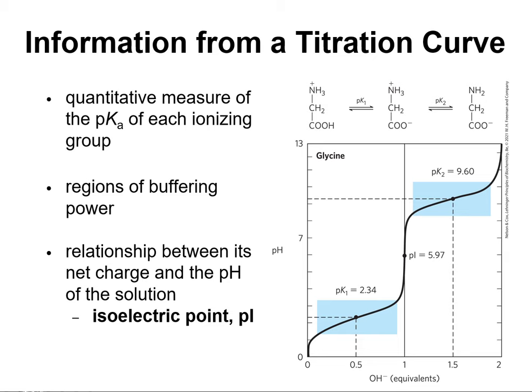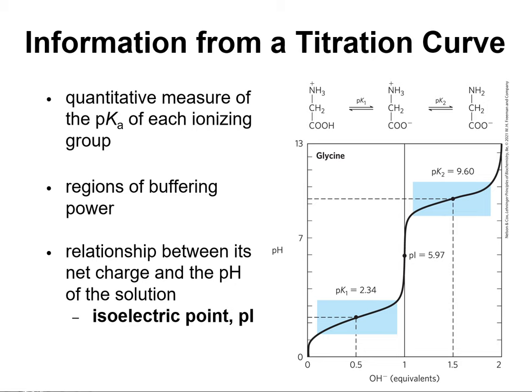When we're looking at a titration curve, like the ones we talked about in chapter 2, we can get a lot of information. We can get the pKa of each ionizing group from an amino acid.